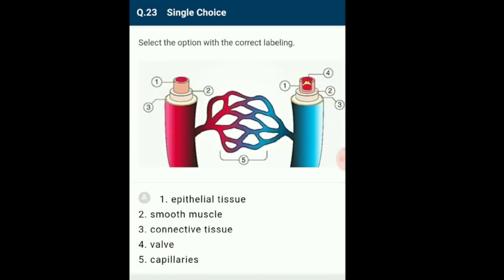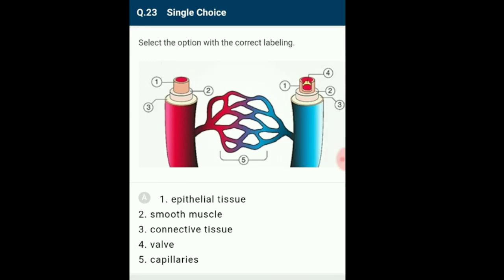Question number 23. Select the option with correct labeling. Arteries carry blood away from the heart, where it branches into even smaller vessels called arterioles and further branches into small capillaries where the exchange of nutrients and other waste molecules occurs. Veins carry blood towards the heart, where it branches into even smaller vessels called venules and further branches into small capillaries.